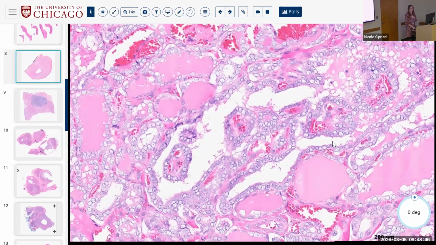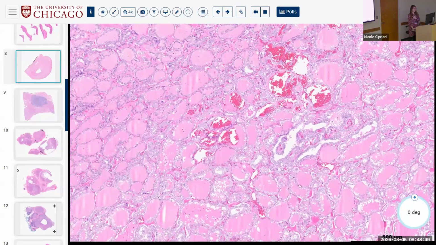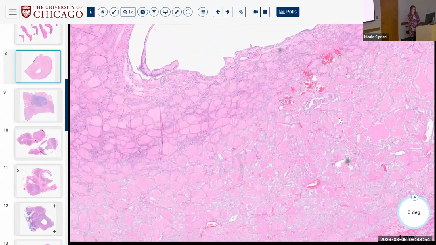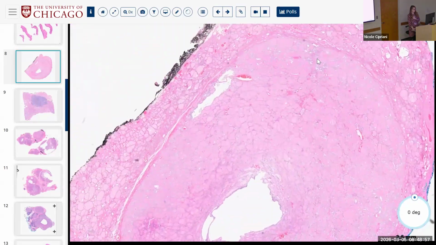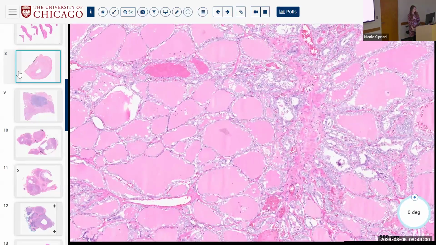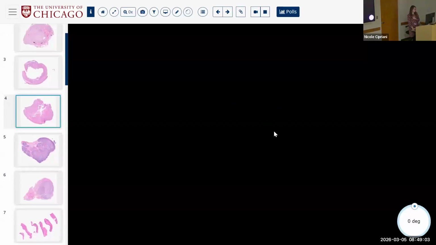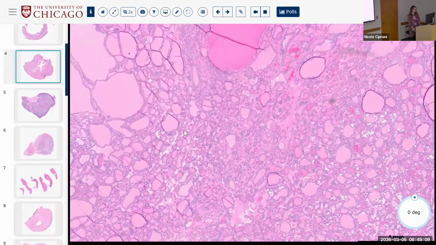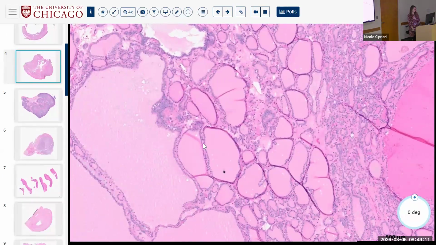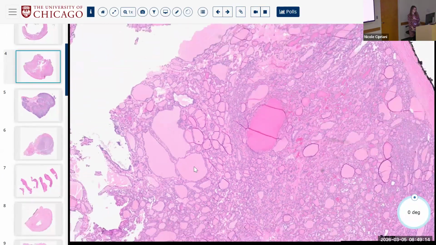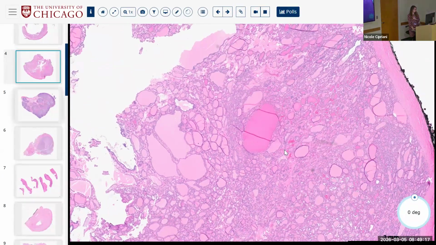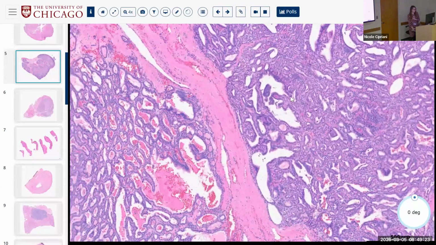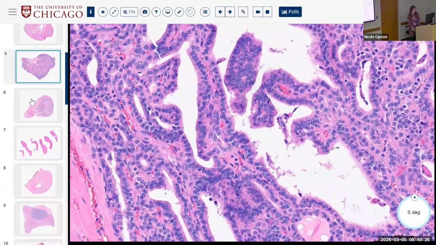This is another example of the same thing. This is BRAF V600E. So be mindful of the robustness of the nuclear features, the presence, even if focally, of small abortive papillae, and do the BRAF. This is PTC. I'll point out the difference between some tumors that have larger, broad papillary-like structures but where the nuclei weren't there.